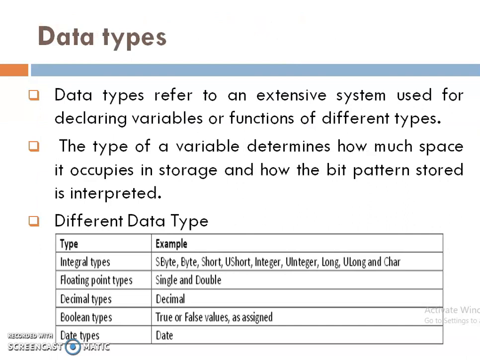Data types. Data types refer to an extensive system used for declaring variables or functions of different types. The type of a variable determines how much space it occupies in storage and how the bit pattern stored is interpreted. Different data types in VB.NET are integer type, floating type, decimal type, boolean type, and lastly date types.